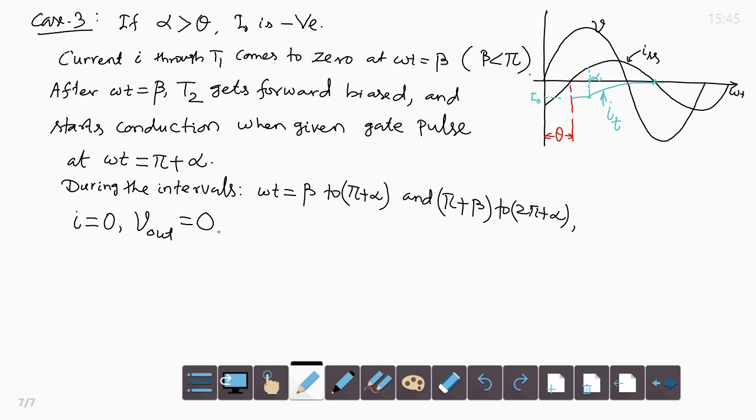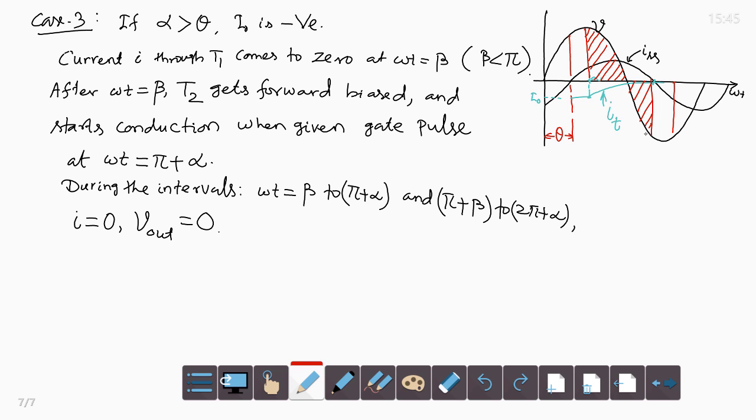As you can see here, current starts conduction here, and here current comes to 0 and again it starts conduction here and again. So, output voltage is given by the voltage graph like this.